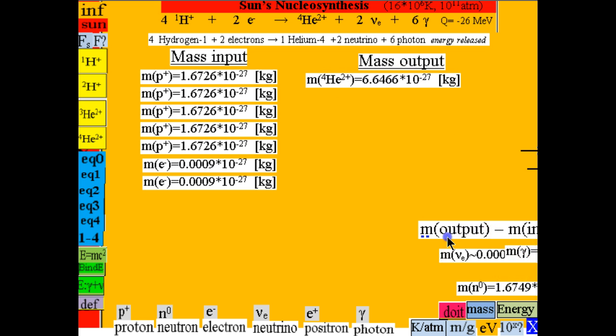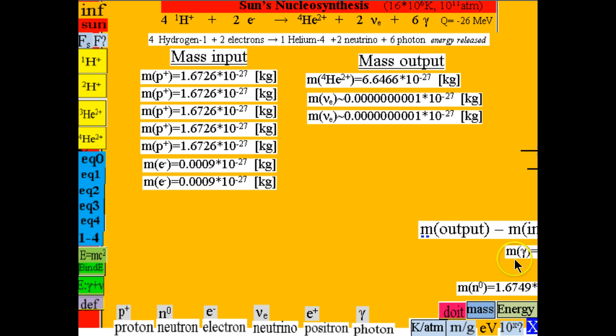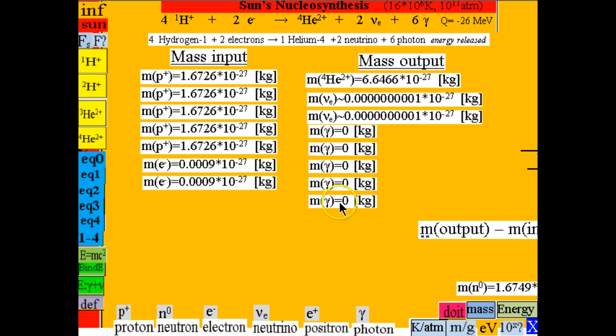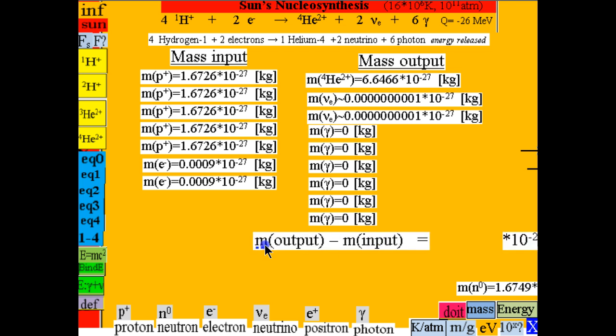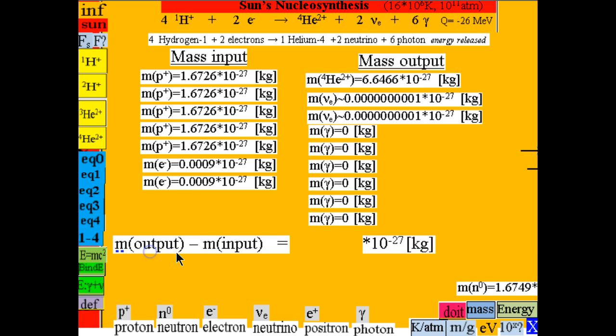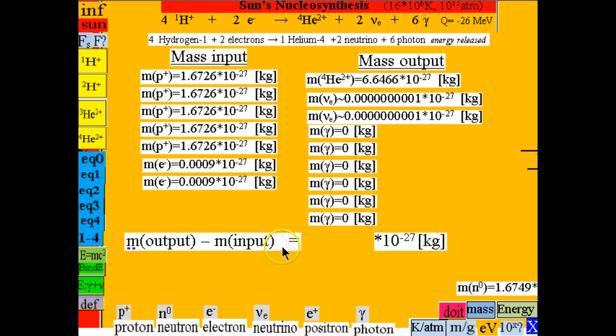And of course, we have the mass of 2 neutrinos, and we have the mass of a total of 6 photons, and that all together gives us the mass of the output mass. Now stop the video and calculate the mass output minus the mass input.